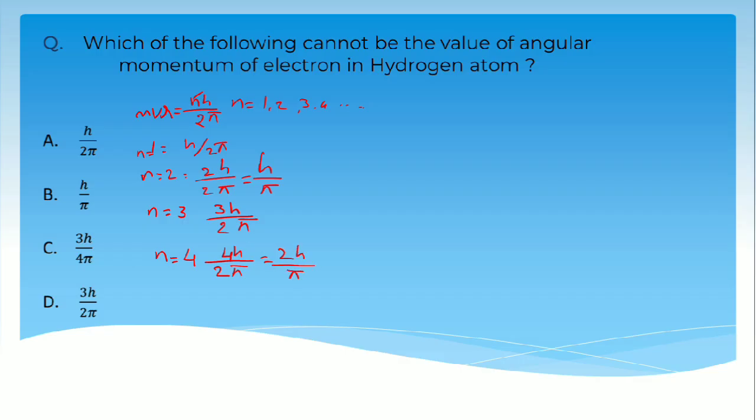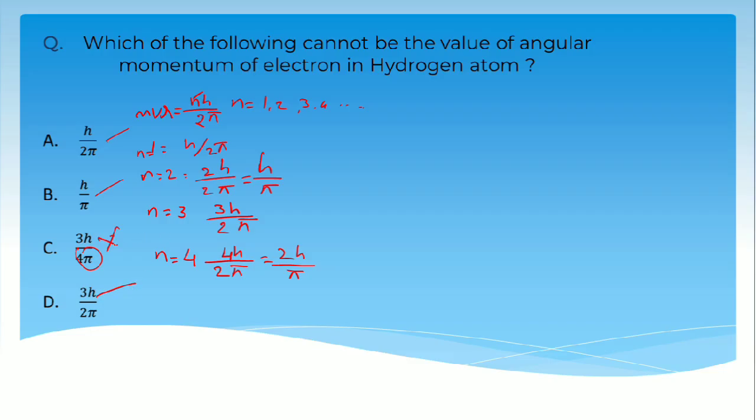Now we can compare these values with the options. So this is allowed, but this one is not allowed. The D option is also allowed.